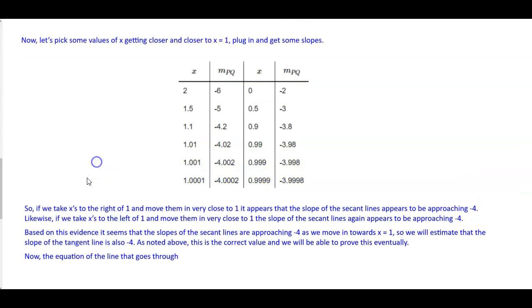So if we take the x's to the right of 1 and move them very close to 1, the slope of the secant line appears to be approaching negative 4. Likewise, if we take x's to the left of 1 and move them very close to 1, the slope of the secant lines again appears to be approaching negative 4. Based on this evidence, the slopes of the secant lines are approaching negative 4 as we move in towards x equals 1.